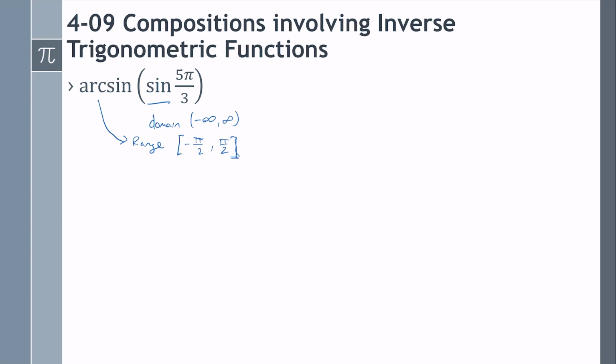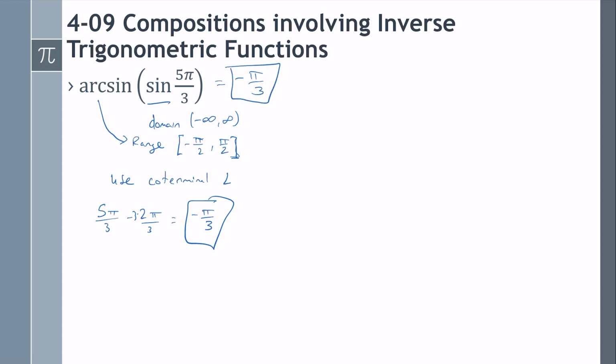No. So we will use a coterminal angle. So 5π/3, let's subtract 2π. Get a common denominator, so it'll be 5 minus 6, it'll be -π/3. Is that between -π/2 and π/2? Yes.